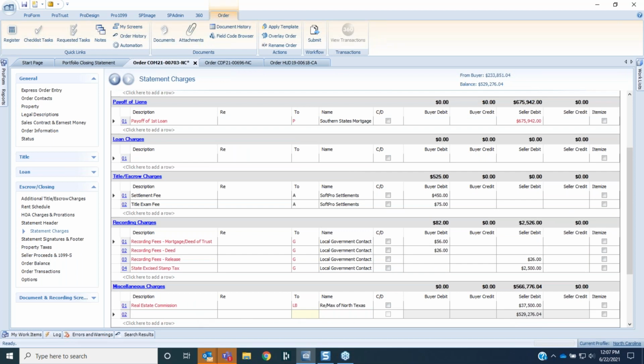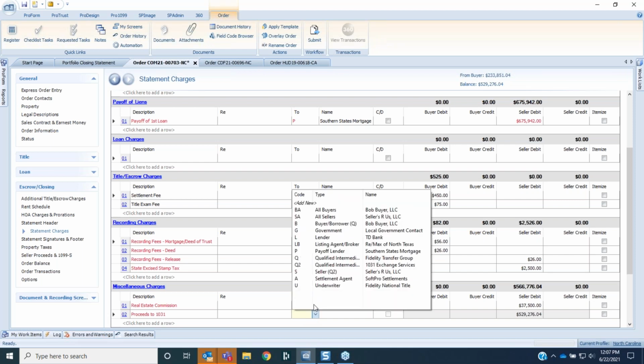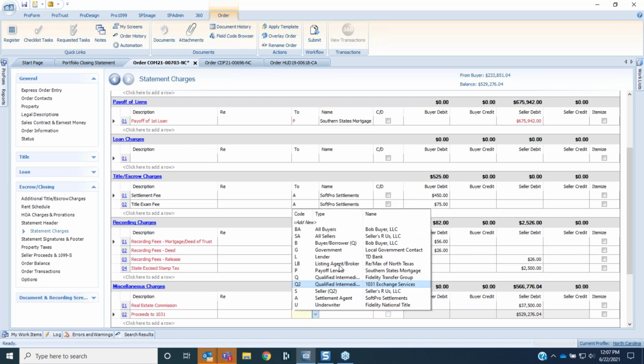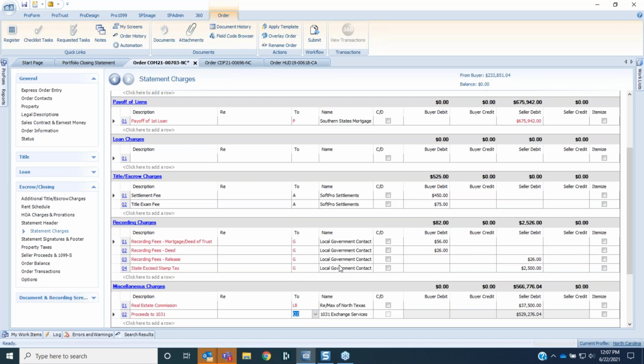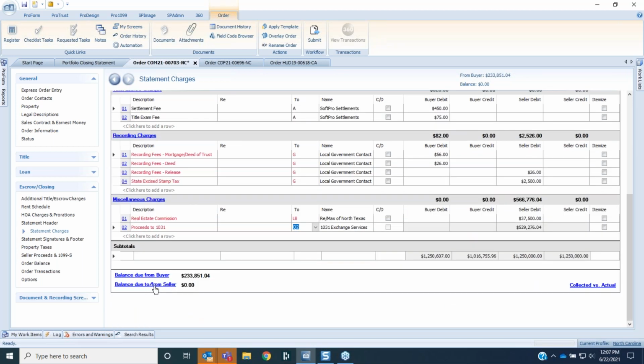I can call that line whatever I want, proceeds to 1031, and I can make the payment payable to my qualified intermediary. If I scroll down, I can see that the balance due to seller is 0 because that calculator has been moved over to the seller debit section.